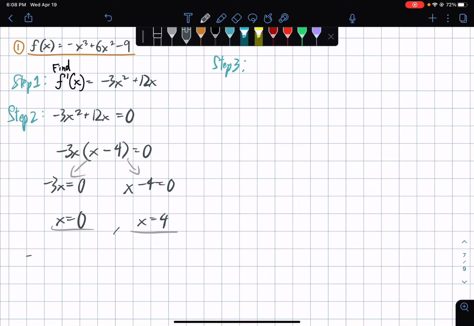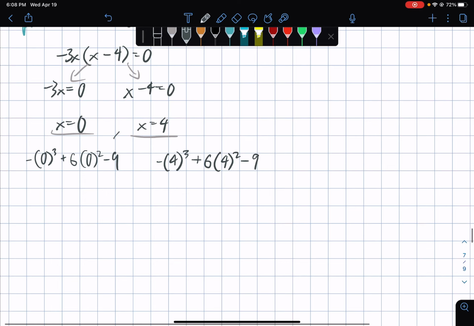Anyways, so negative 0 raised to 3 plus 6 times 0 raised to 2 minus 9. The same with this one. Okay, 0, this is negative 9.